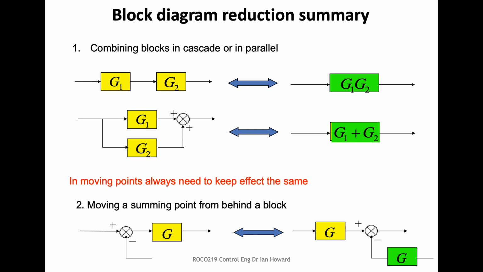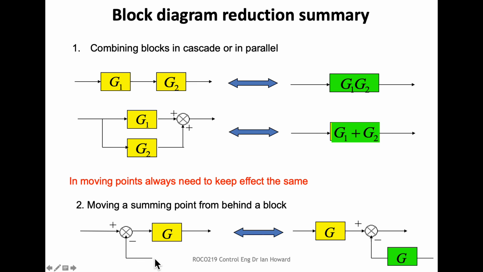And this is a good example of when we're actually moving summing points. You can move things around, but you should always bear in mind we always need the signal to be the same after you've done it as it did before. And when I say the signal, I mean the output signal in this case, right? So we want this bit coming out of the G to be the same if we just take something away in front of it or take something away after it.